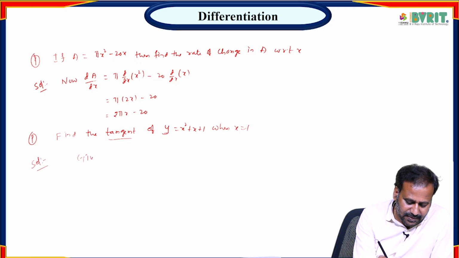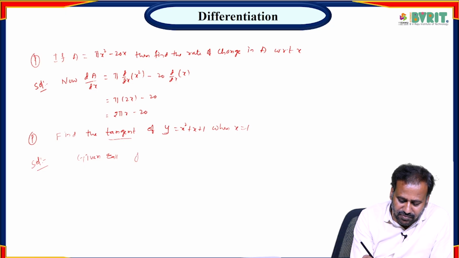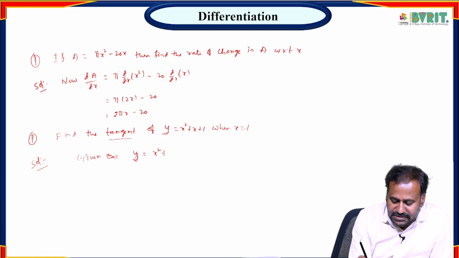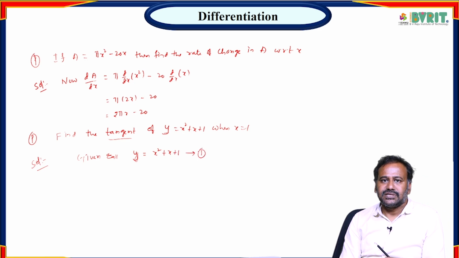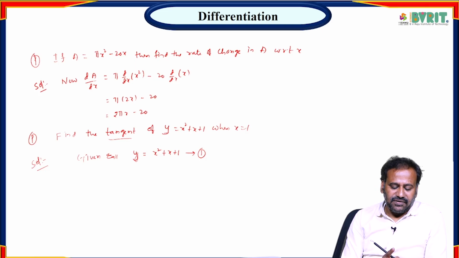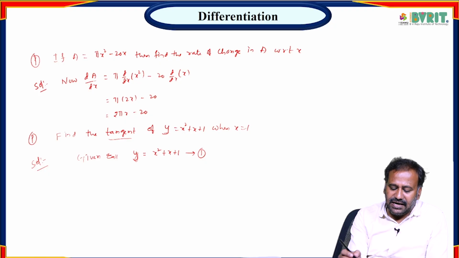So the given equation is y is equal to x square plus x plus 1. For my convenience, I am taking this as equation 1. First I need to calculate the tangent, then I will go for the tangent line. Tangent of this y at x is equal to 1.